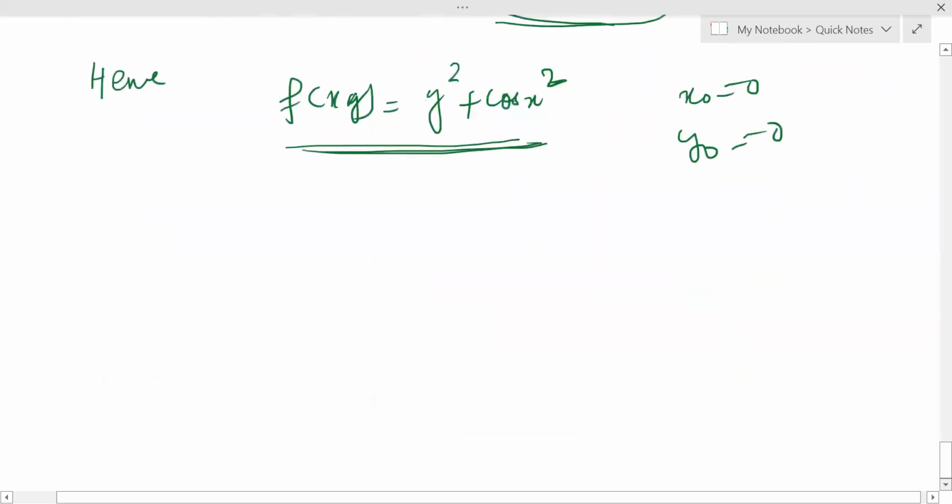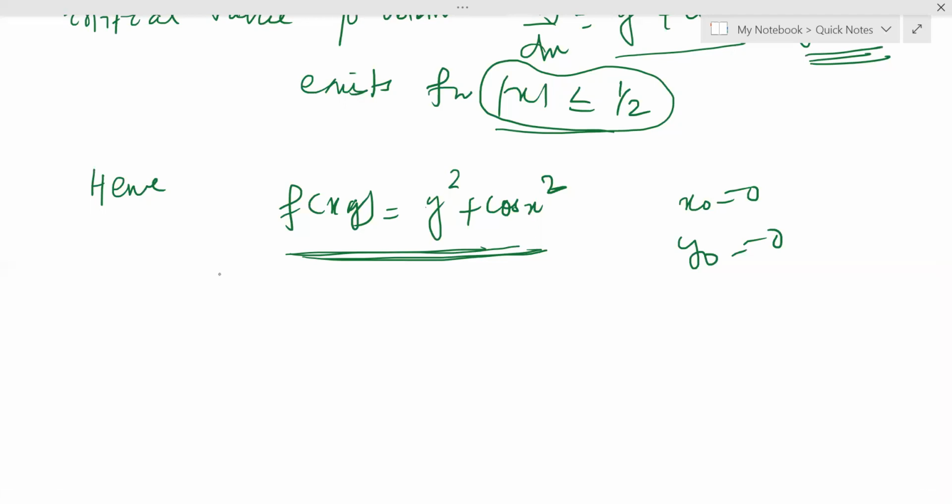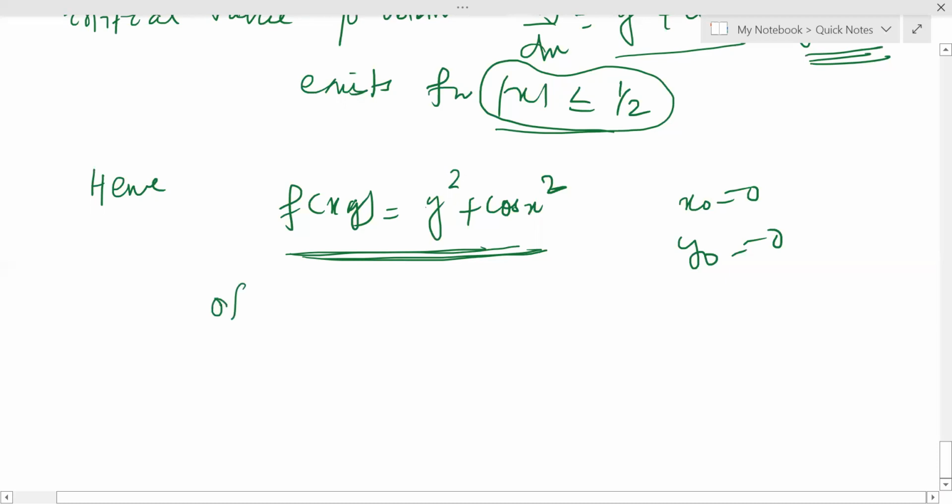For the existence criteria, the function must be continuous. f(x, y) must be continuous, which means del f by del x and del f by del y are continuous in the interval of x, y. You can see del f by del y is 2y.